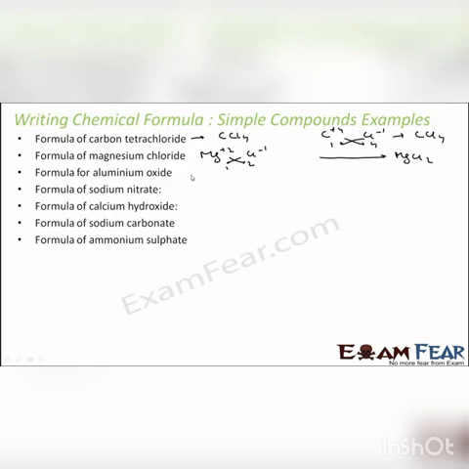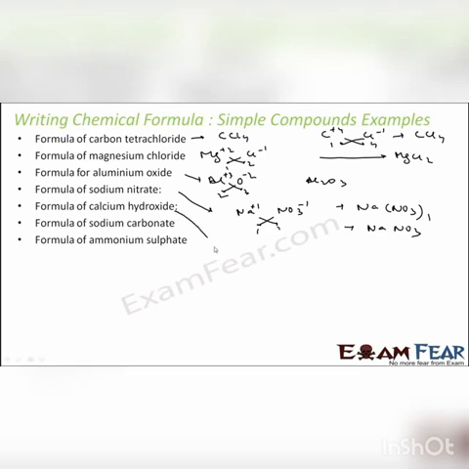Aluminium oxide also we have seen, Al2O3, plus 3, plus 2, becomes 3, becomes 2. It becomes Al2O3. Sodium nitrate. Sodium plus 1 charge, nitrate minus 1 charge. This becomes Na, NO3 with the braces, 1 here. But since it is just 1, you can actually remove the braces.